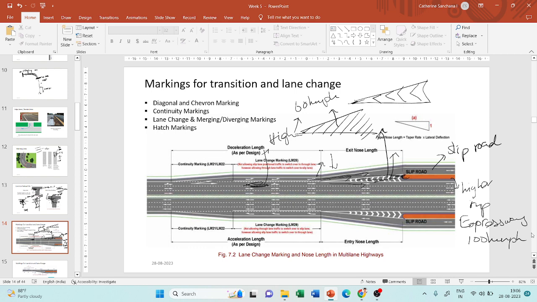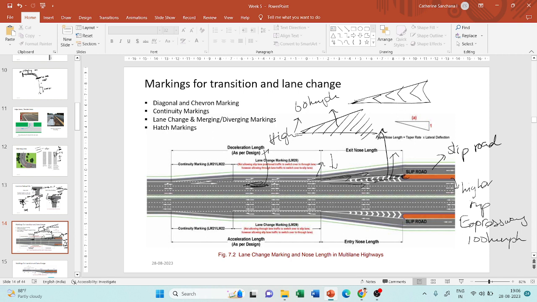Now you should know that when you are entering the expressway, if it is designed for a speed of 100 kmph, then you should try to maintain your speed at that speed, because only then the efficiency of the roadway can be achieved, right? So you're traveling below at 60 kmph.